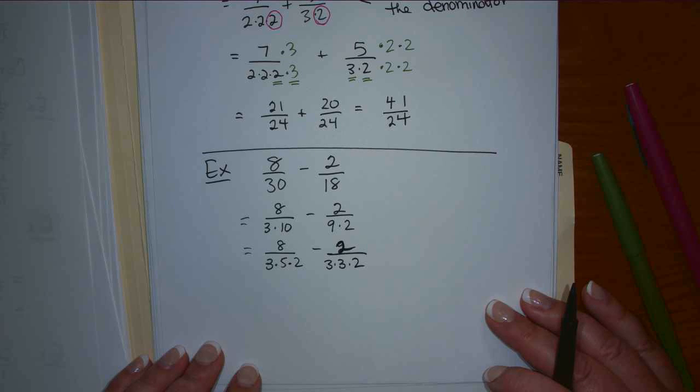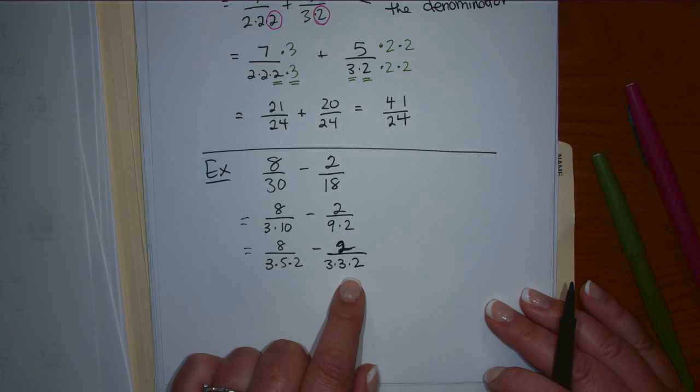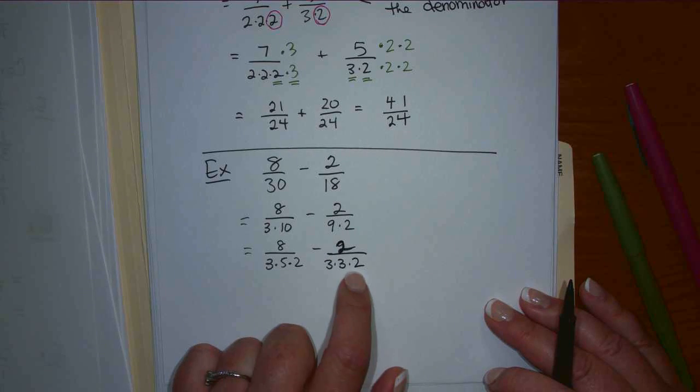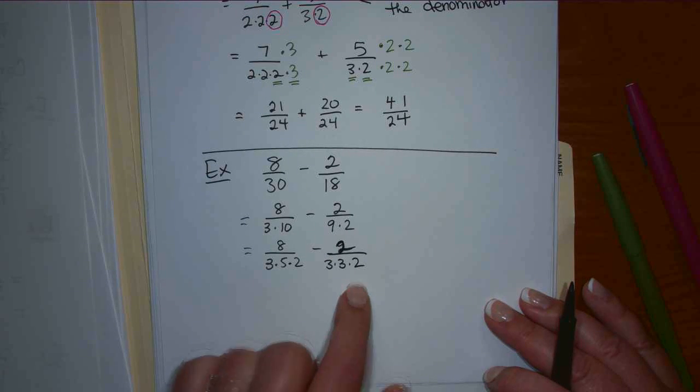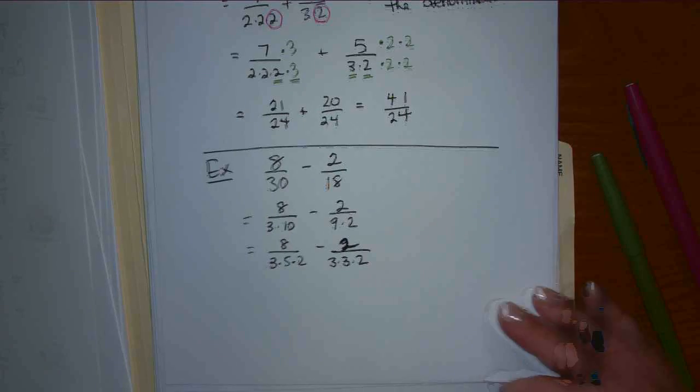These fractions were not in their lowest form to start with. These fractions are not in the simplified form to start with. Well, how do I know that? Especially if you look at this second one, what do you notice? There's 2's that can cross off. Put them in their simplified form before you do it, because otherwise you're just making things bigger.